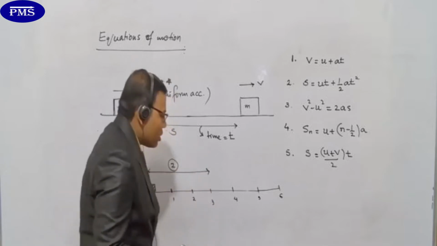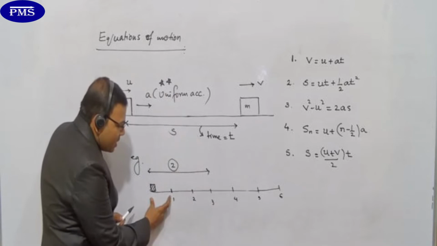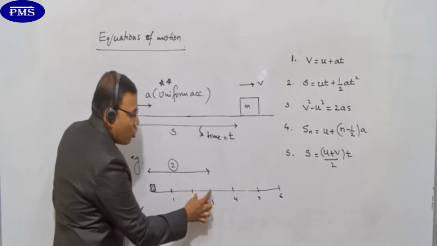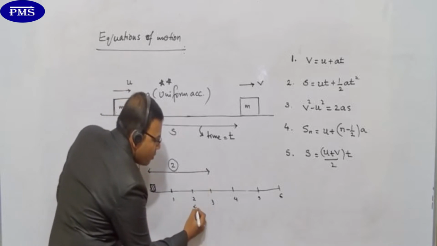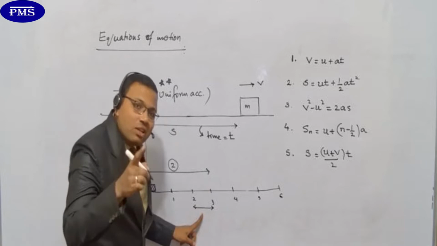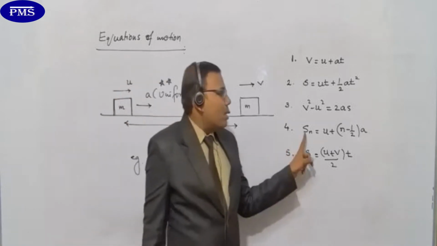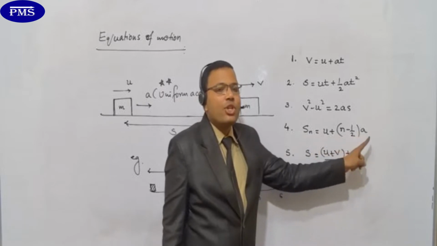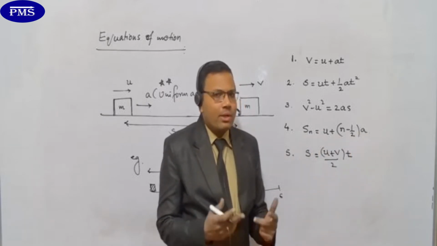Third second means this is the first second, this is the second second, and this is the third second. तो अब इसको कैलकुलेट करने के लिए बेटा सिर्फ और सिर्फ ये कैलकुलेट करना है हमारे को। सो दिस इज द डिस्टेंस कवर्ड इन द थर्ड सेकेंड। Distance covered in the nth second is u plus n minus half into a. I hope it is clear for you and it's very much clear.